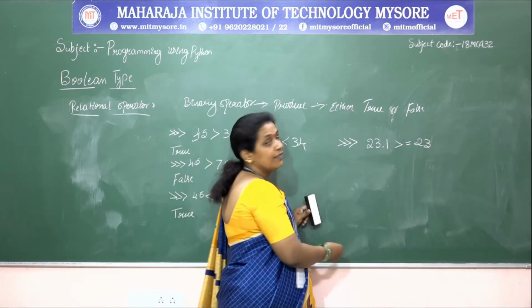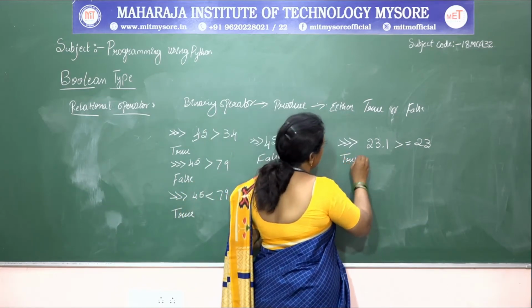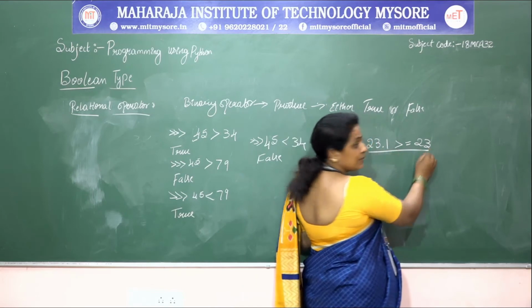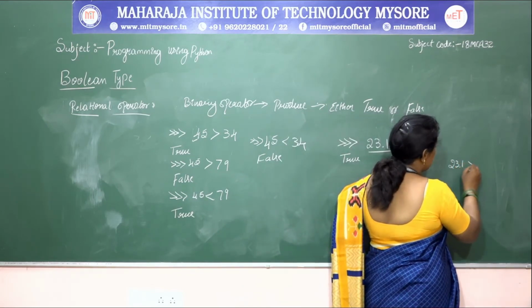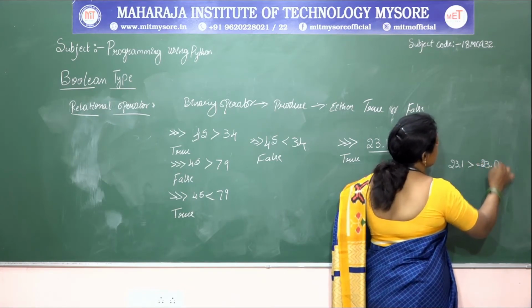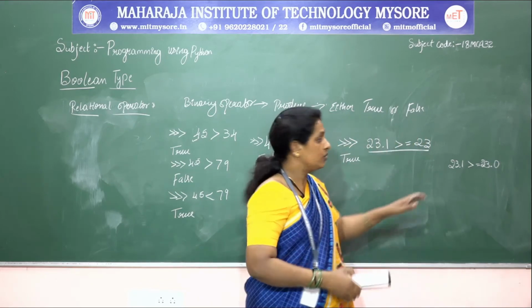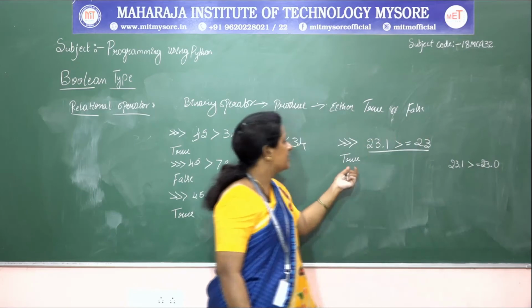It will become true, because when this expression gets evaluated, it becomes 23.1 greater than or equal to 23.0. This value is greater than 23, so we get the output as true.